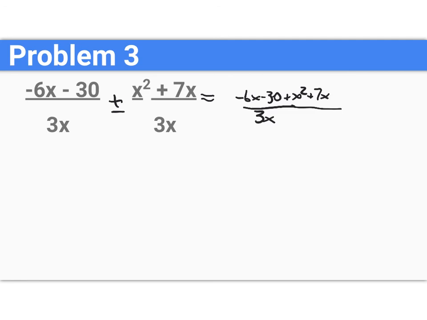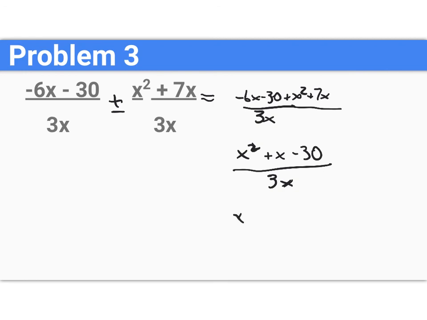So let's combine. We get x squared, then -6x plus 7x is plus x, minus 30, all over 3x. Okay, so simplifying the trinomial, the factors of 30, 6 and 5, add to 1.